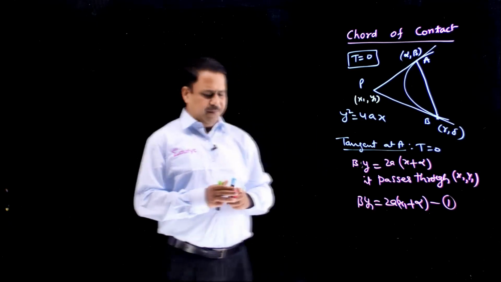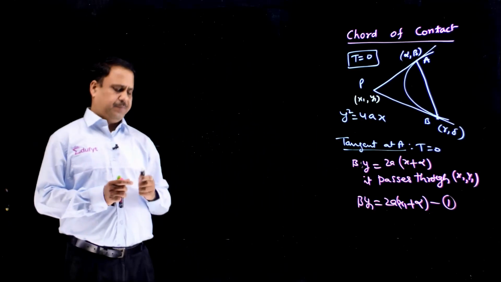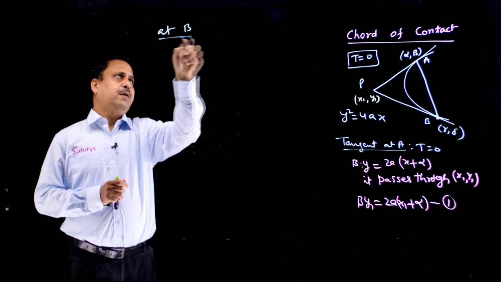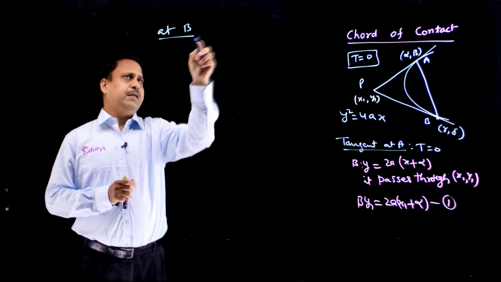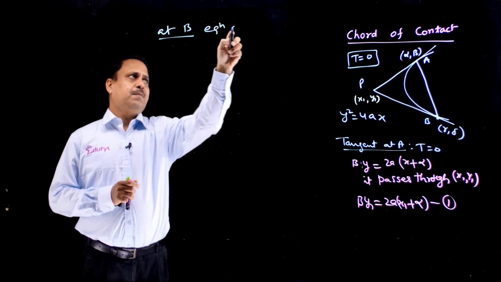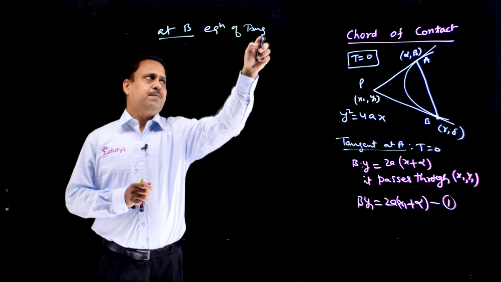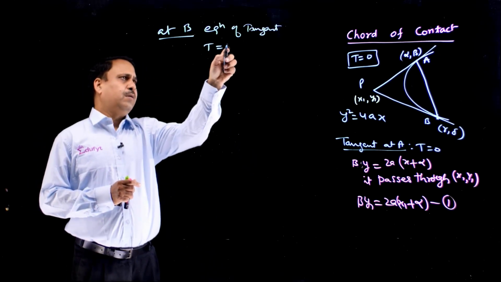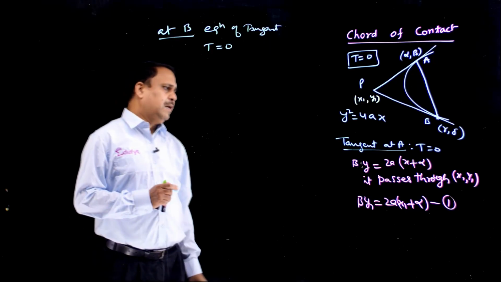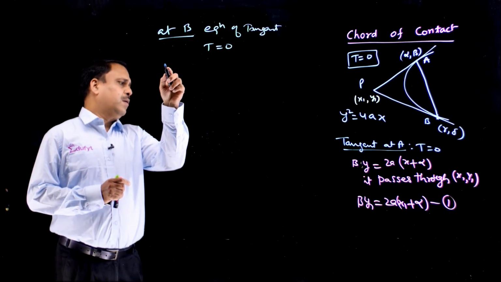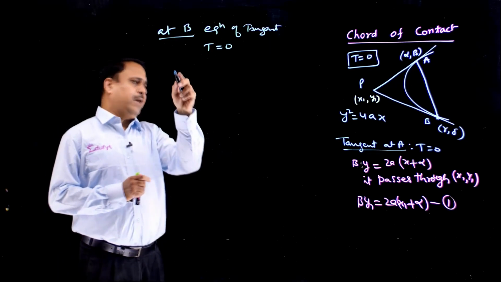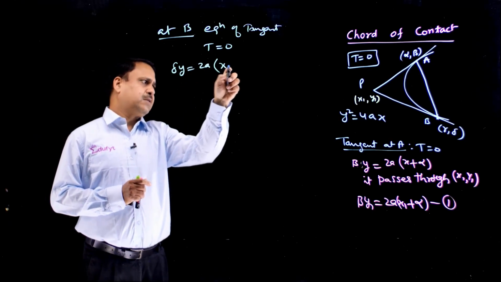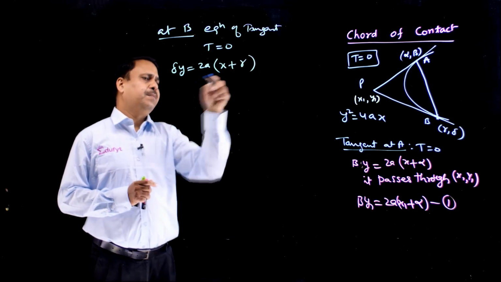Similarly, at point B, I will find the equation of tangent. The equation of tangent will be given by the same T is equal to 0 with respect to the point gamma, delta. So I will have, y coordinate is delta, delta y is equal to 2a x plus gamma.